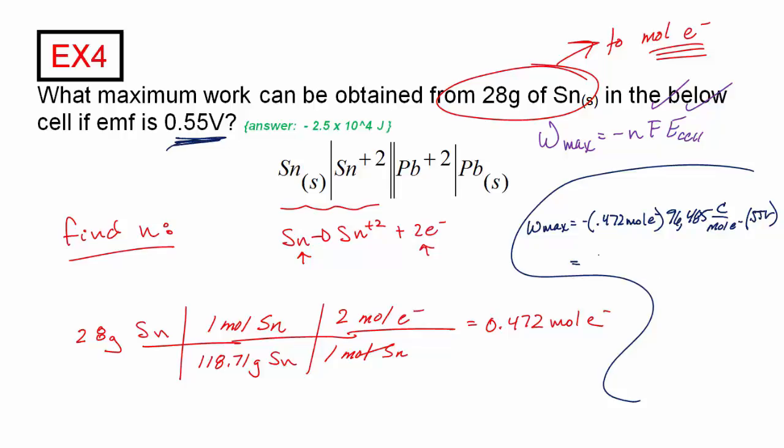So W max should be 0.472 times 96,485 times 0.55, about a negative 2.5 times 10 to the 4 joules.